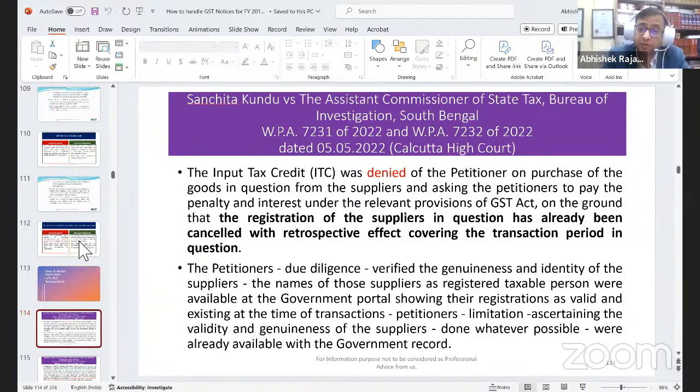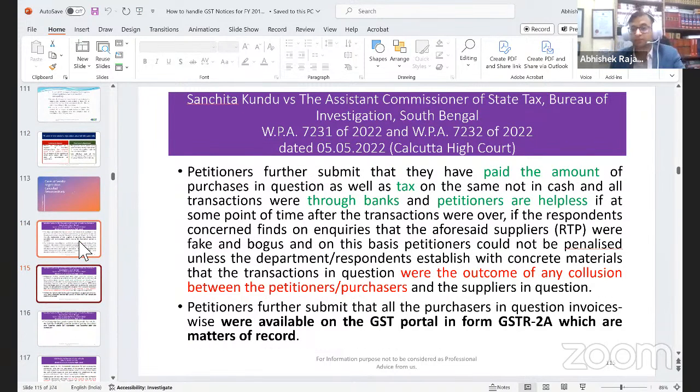Now in this Sanchita Kundu case, ITC was denied because registration of supplier to Ms. Sanchita Kundu was found to be cancelled with retrospective effect. So Sanchita Kundu argued that the notice and the order do not levy any allegation of collusion between Sanchita Kundu and the supplier.